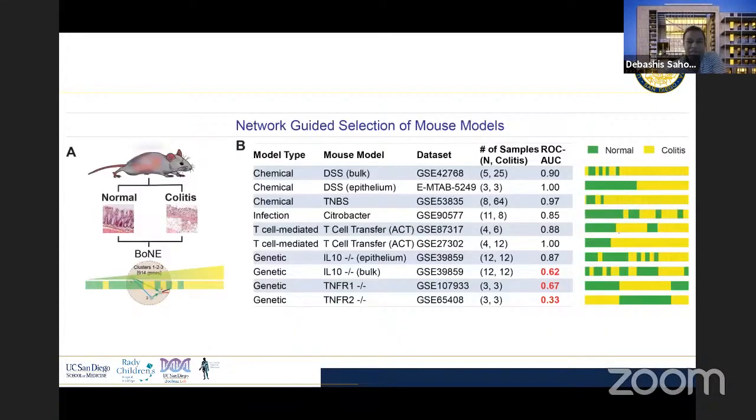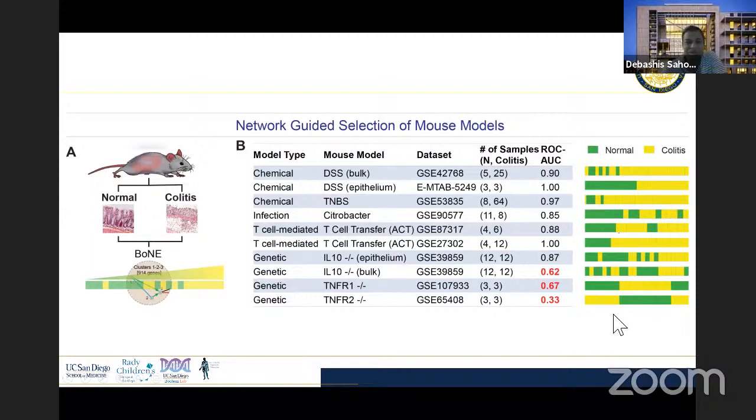You could apply this also in the mouse model and see which mouse model actually mimics what we see in the human setting. There are a lot of different mouse models for IBD. There are chemical-based or genetic-based ones, and you can see, based on this particular algorithm, if you use the path 1, 2, and 3, the chemical and the other infectious models actually perform much better compared to the genetic model.